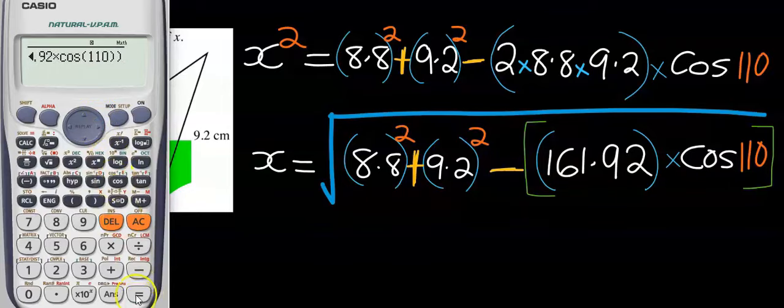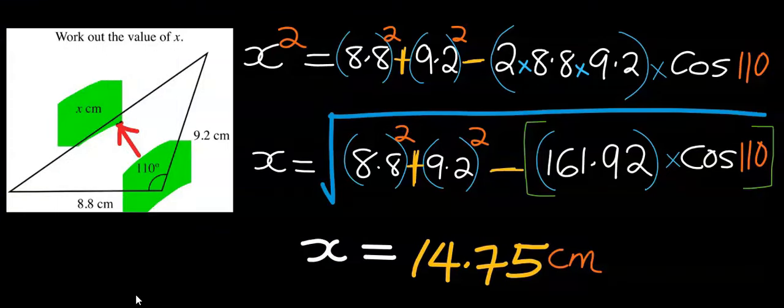Next, we're going to press the equal sign, and you see our x is 14.75 to 2 decimal places. Always remember to use the cosine rule. The 3 sides of the triangle must be involved and 1 angle.